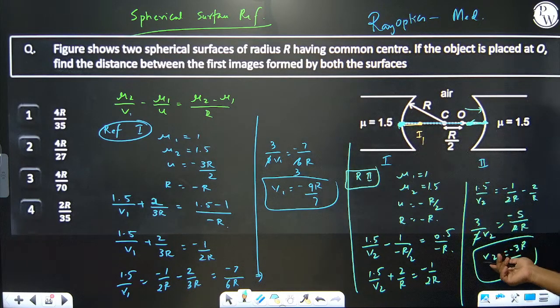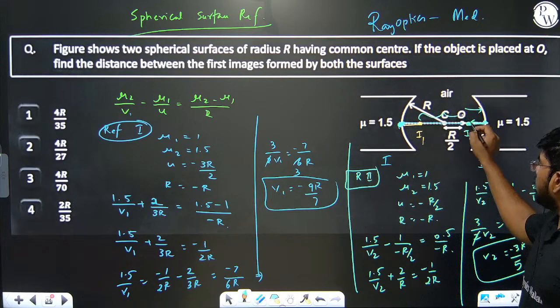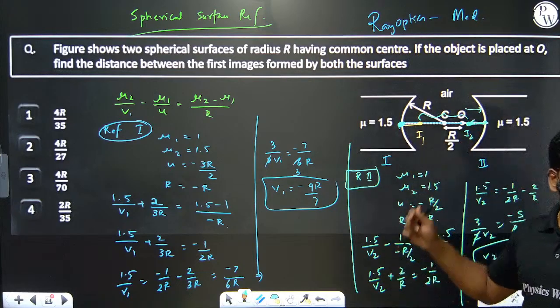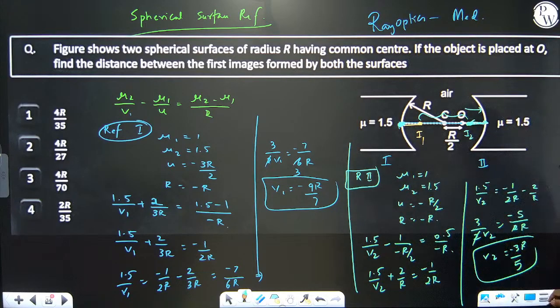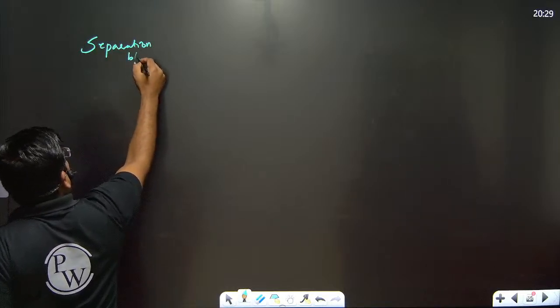So now we have V1 and V2 and the distances, but what we want here is the separation between the images. From 2R we have to remove this distance, and if we remove this from 2R we will get the answer. So finally we want the separation between the images.